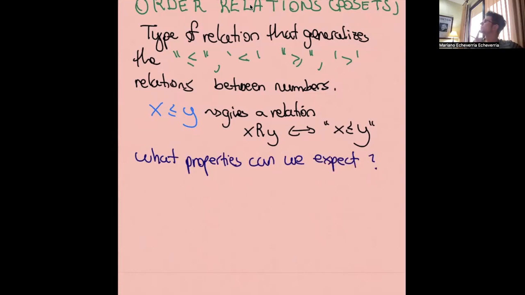Maybe someone wants to give some suggestions. What's an important property, an important characteristic, of this symbol less or equal to? I don't know if the question makes a lot of sense, but let me give you a couple of seconds to think about it.